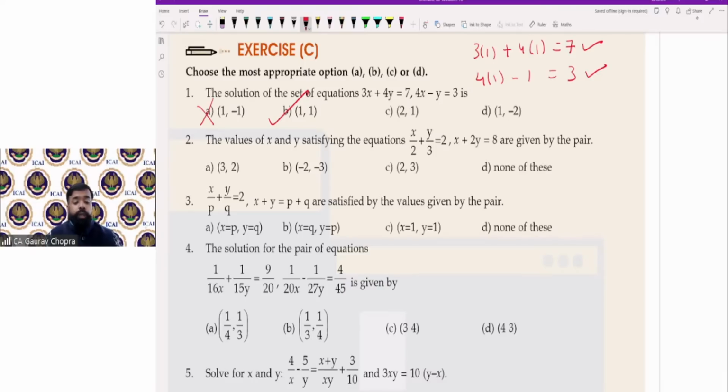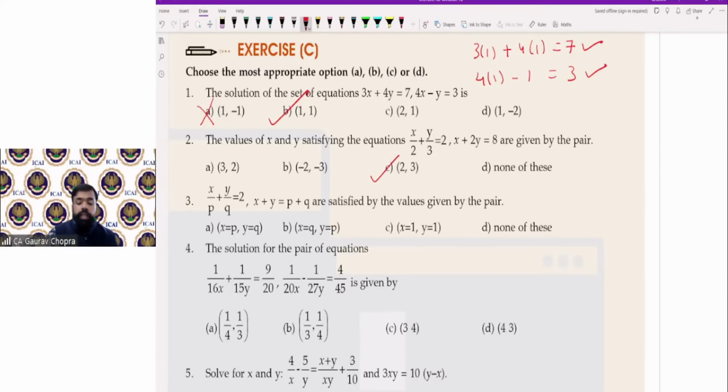Now try the second one. The values of x and y satisfying the equations. See, clearly you can see that x upon 2 and y upon 3 and result is 2. So if you put 2 in place of x and 3 in place of y, you will get 1 plus 1, that is 2. So easily you can see that option number C is correct.